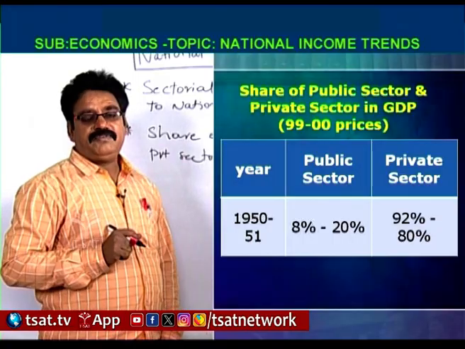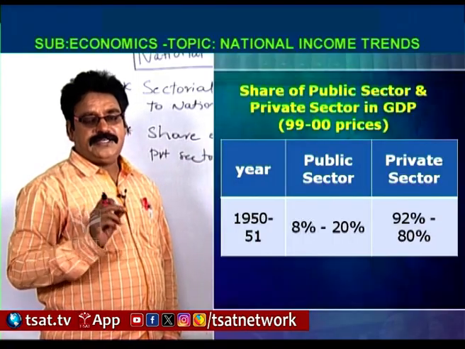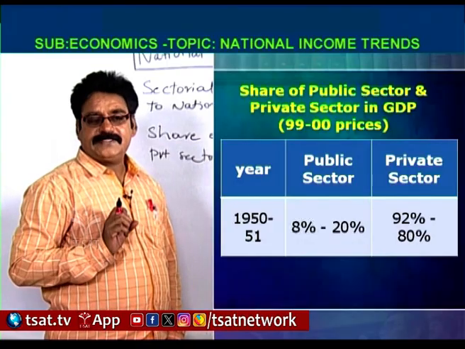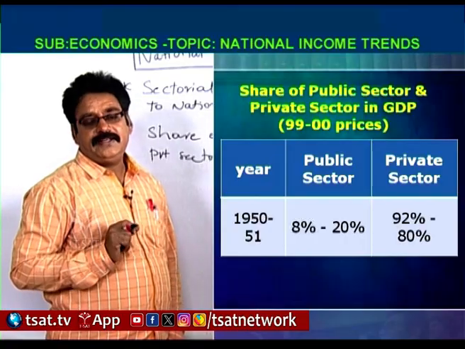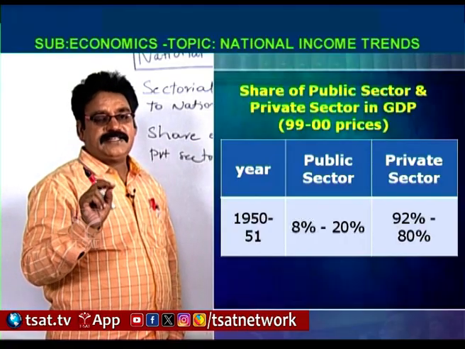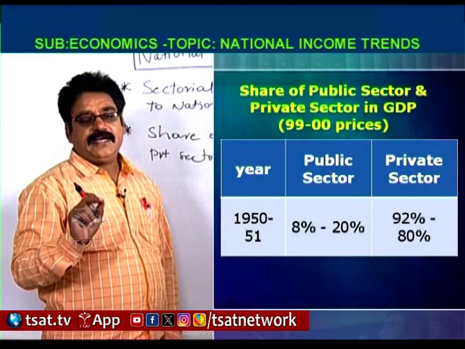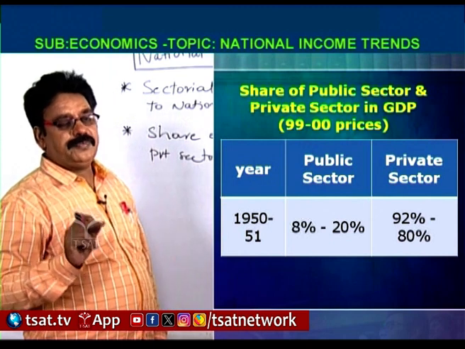During 1950-51, the public sector's role was very small in India. It was restricted to a few things like providing security, and that's why it had only 8% contribution. The public sector contributed only 8%, whereas the private sector contributed 92%.